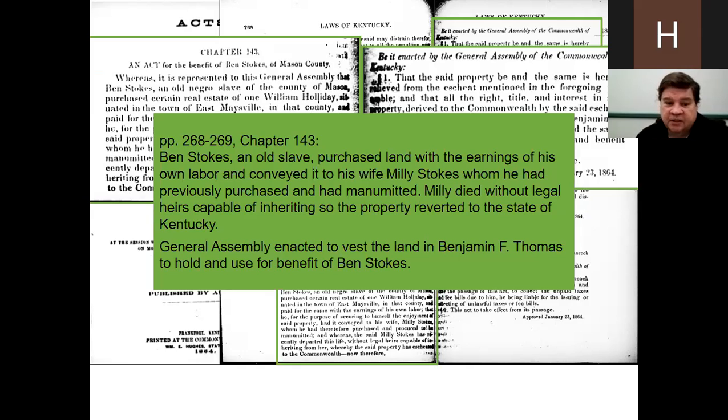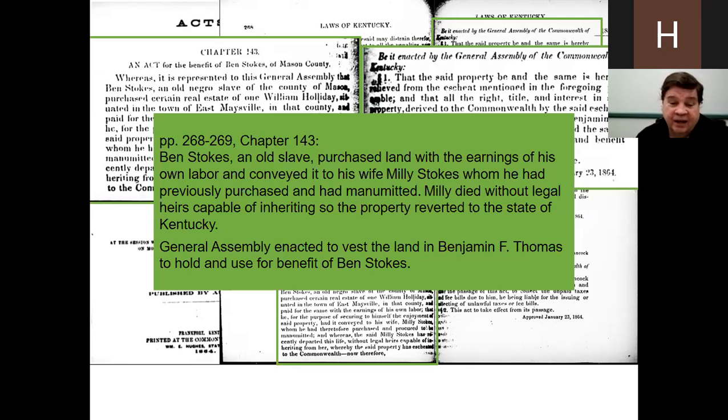And the answer is, if he freed his wife and they had any other children together, then the children would be born free, because the status of the child was that of the status of the mother, which means it was much more important for the mother to be free than for the father to be free. So he purchased his wife from her slave owner and set her free.